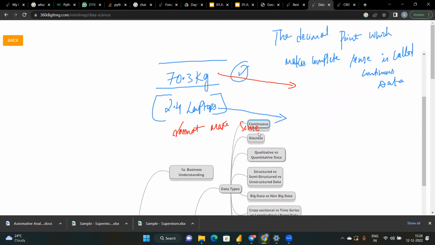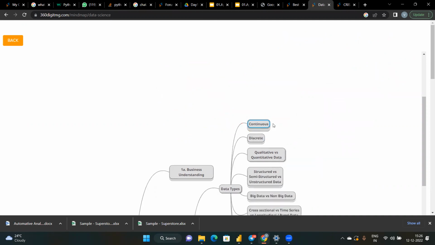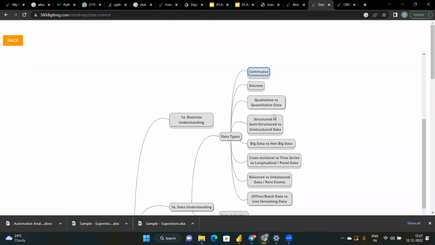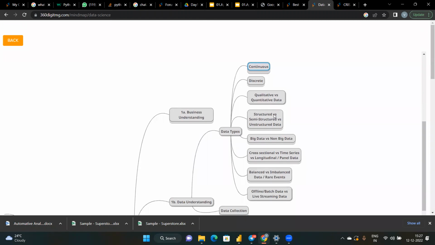So this was all about continuous, guys, and I have given an explanation of what is meant by continuous and discrete data. Continuous data, the decimal that makes complete sense. Discrete data, the decimal that doesn't make complete sense. Example, 2.4 cars, 2.4 laptops, right? So what is this qualitative versus quantitative data? The term says qualitative versus quantitative, guys. Qualitative is that which cannot be measured. Okay, don't get confused, guys.